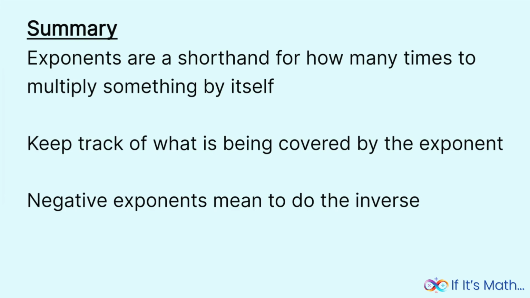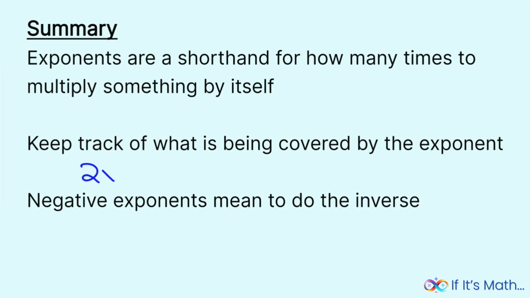So that's really all there is to exponents. Just remember, the main point here is that they're a shorthand way for how many times to multiply something by itself. So you're repeating the same thing over and over. I did a lot of these examples, so you can probably understand why. I think it's important to keep track of what is covered by the exponent, because if you don't have the negative inside of it or the number inside of it, whatever it is, it's not the same thing.